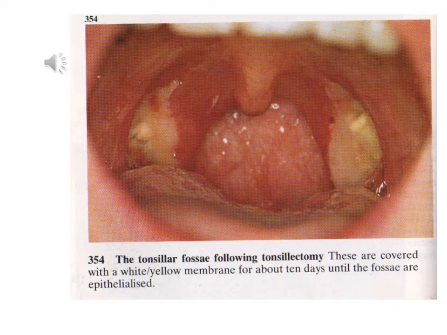This is not an infection. This should be put in your mind, because it is normal. It takes around 10 days until the fossa returns to its normal color and is epithelialized.